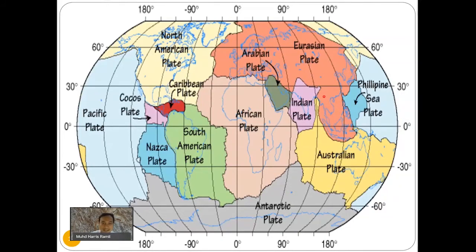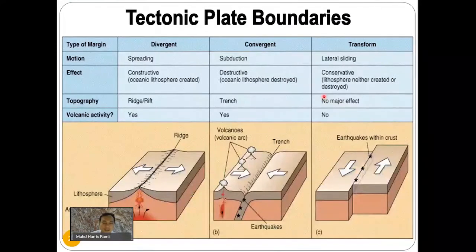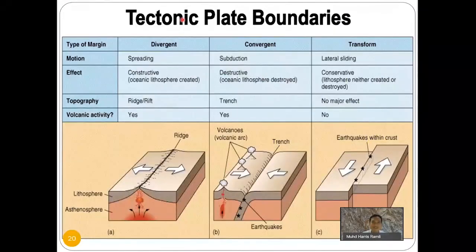Within these plates, every time one plate and another move, that movement has effects on geological conditions. So these are three types of margin, or actually three types of movements.